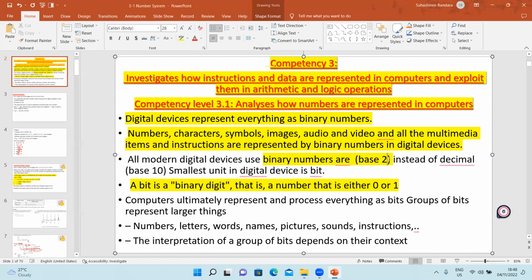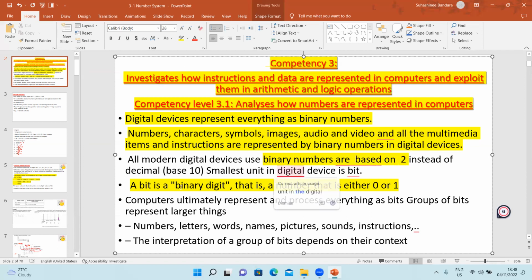Binary numbers are based on base 2. You will write there that binary numbers are based on base 2. That one should be there. Then a bit is a binary digit, the number that is either 0 or 1. Only those highlighted points are necessary. If you want, you may write the rest later.